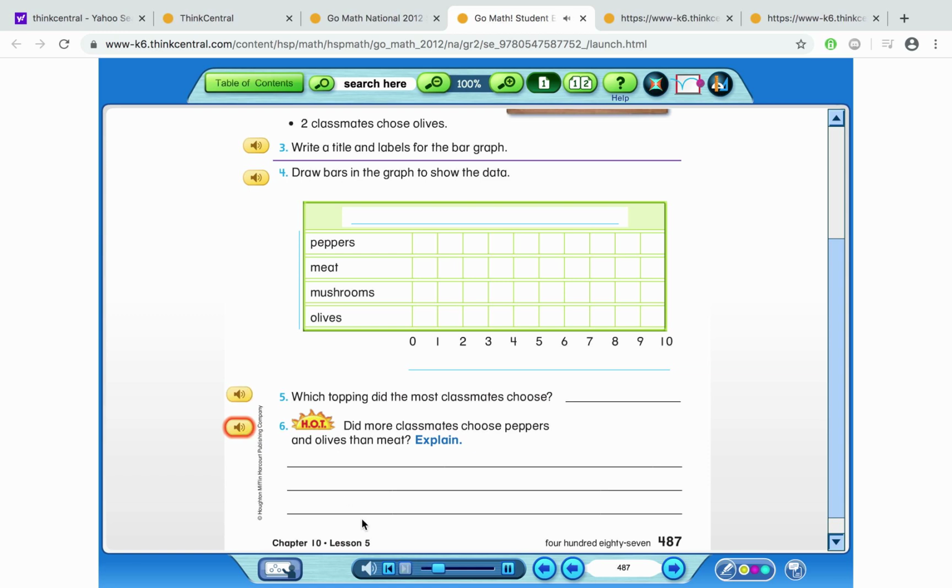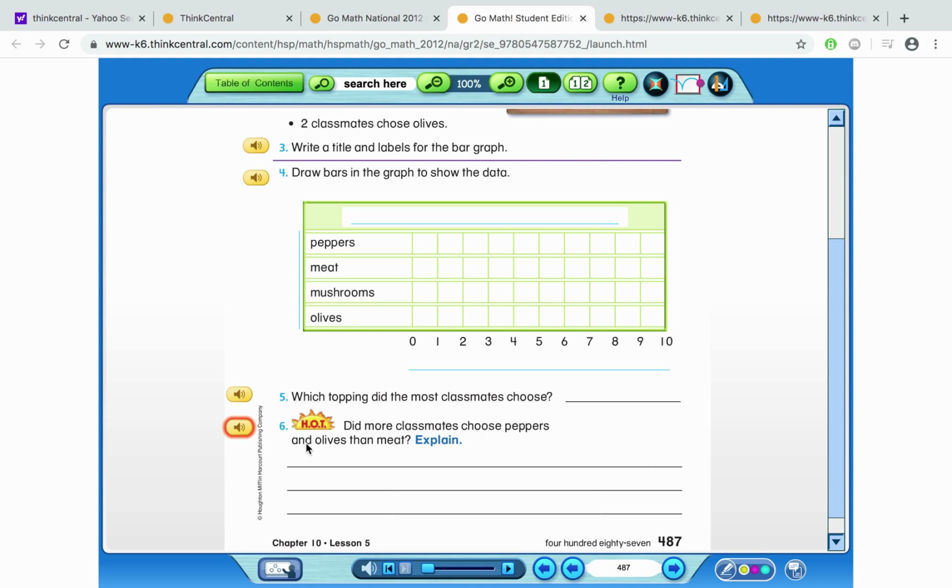6. Did more classmates choose peppers and olives than meat? Explain. Okay, this is a great 2-step problem. I want you to think for a moment, give you some think time. Did more classmates choose peppers and olives than meat?